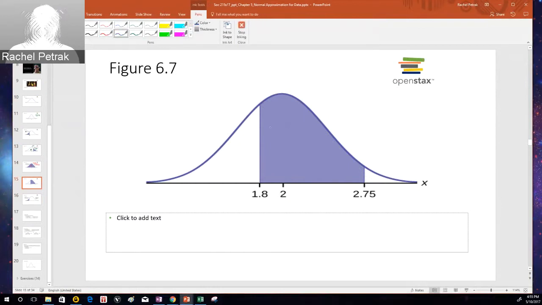So in order to first find this proportion, I would need to know the z-scores for these other values.